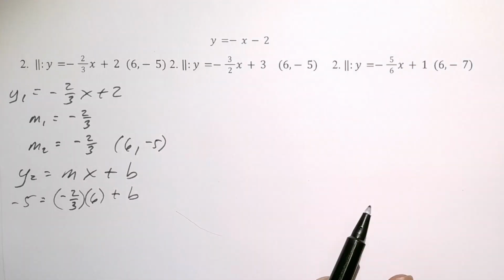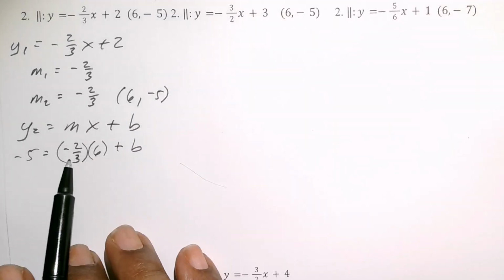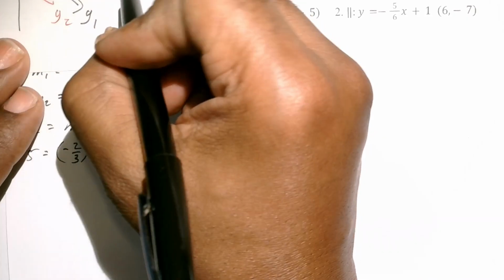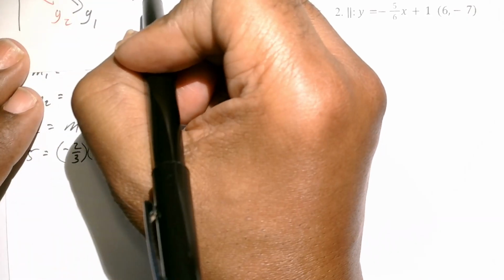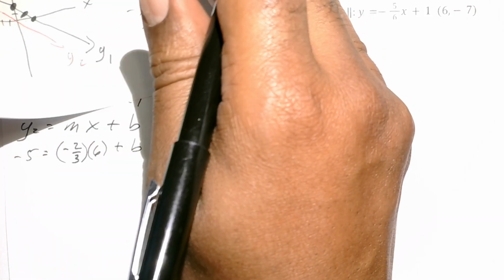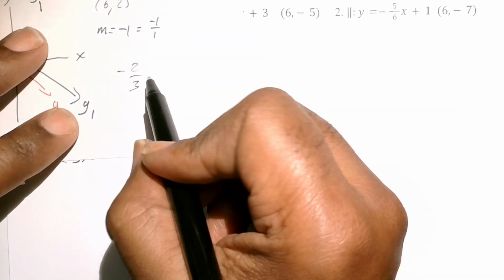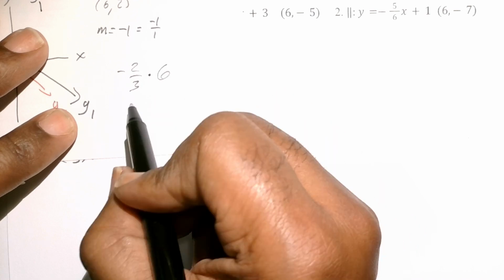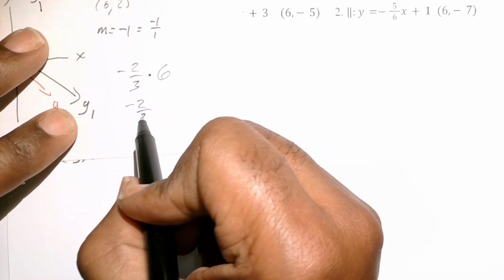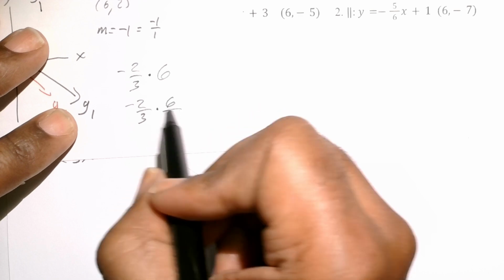Okay, now let's multiply these fractions here. We multiply negative 2/3 times 6. When you're multiplying a negative 2/3 times a 6, you want to put a 1 under the 6 so we can multiply numerators.